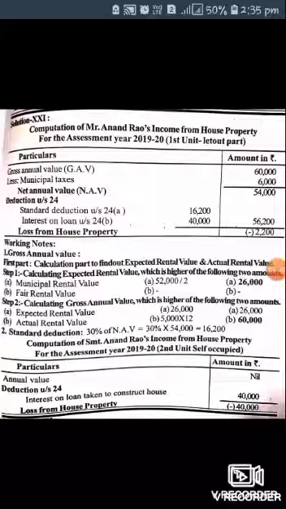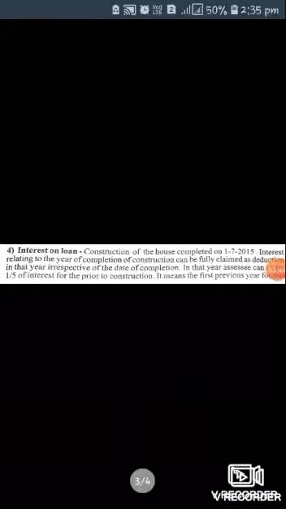For the self-occupied house part, the annual value is nil because it is used for residential purposes, and standard deduction is not given, only interest on loan. He took a loan of 80,000 rupees, so the interest on loan is 40,000. So this is also negative. And here, the construction of the house was completed on 1/7/2015.